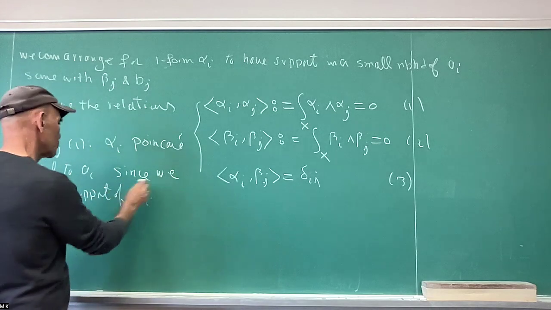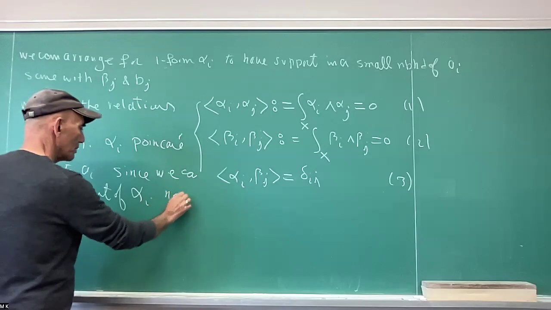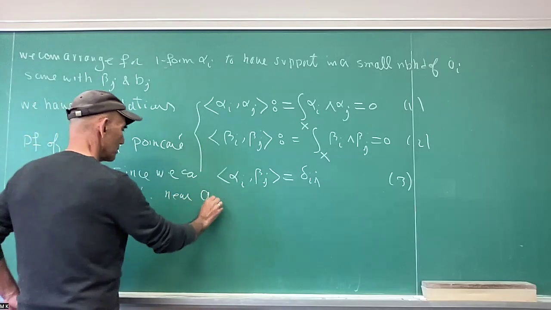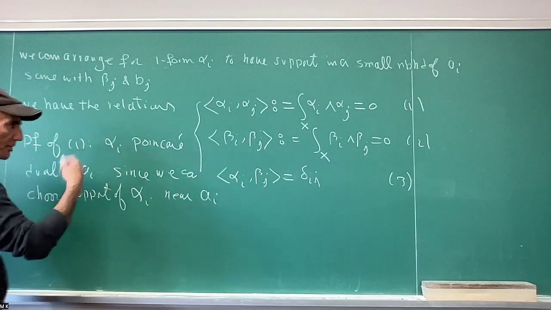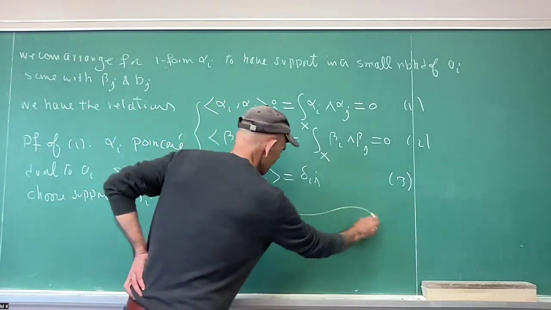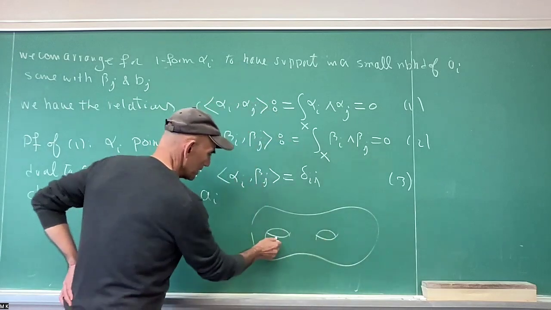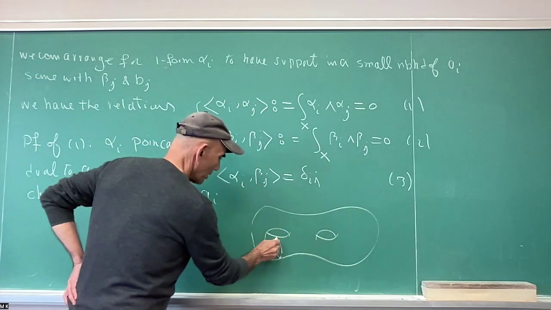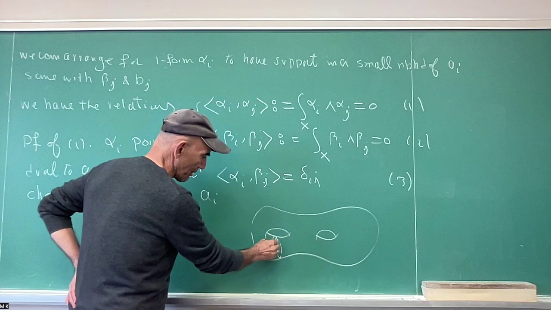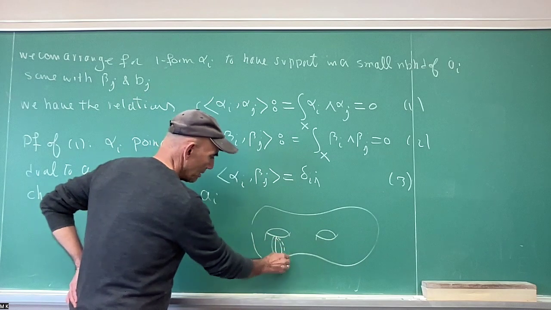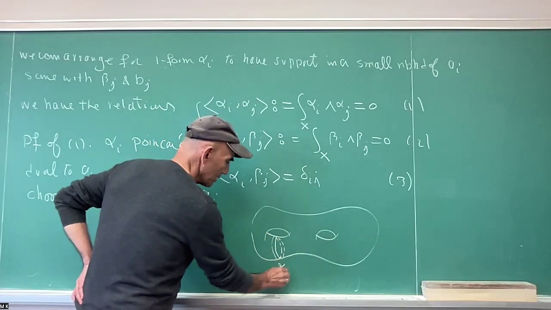Since we can choose the support of alpha I in an open neighborhood near AI, if you look at the picture that we had, this is AI, this is A1, and I can choose a small tubular neighborhood around it so that alpha 1 only exists here.